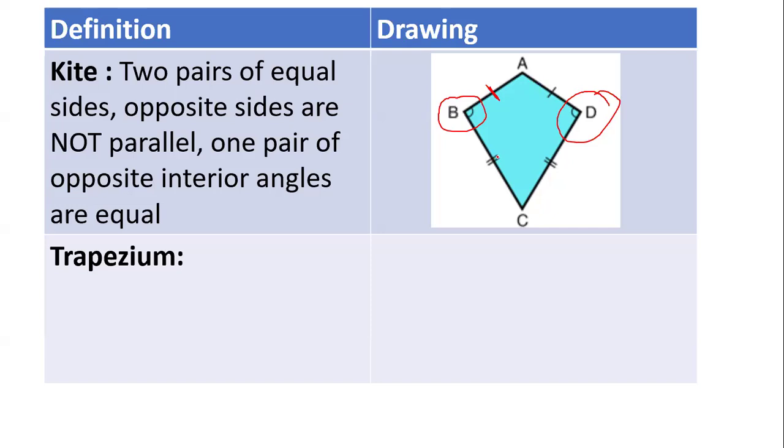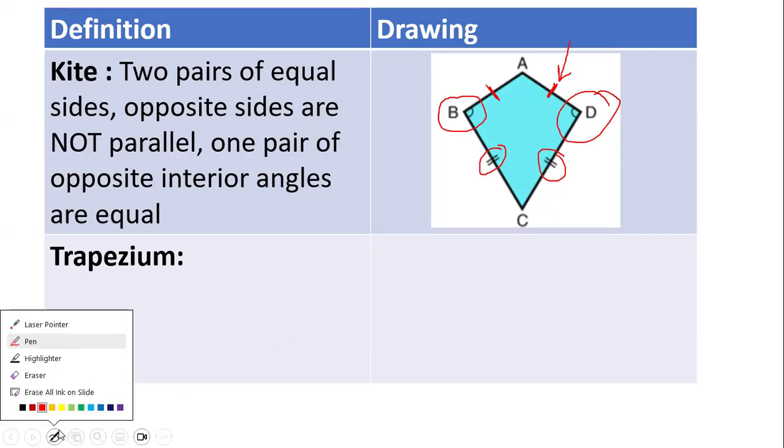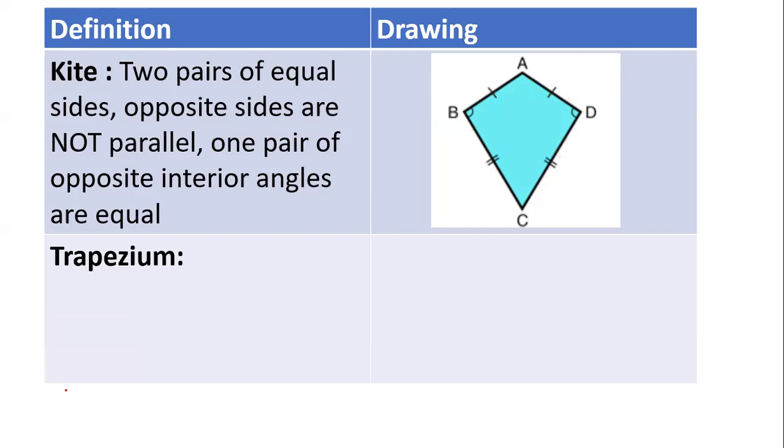Yes, D. These two sides are equal. How about this one? What side is this one equal to? C, the one next to it. Exactly. All right, that's what we mean by a kite.